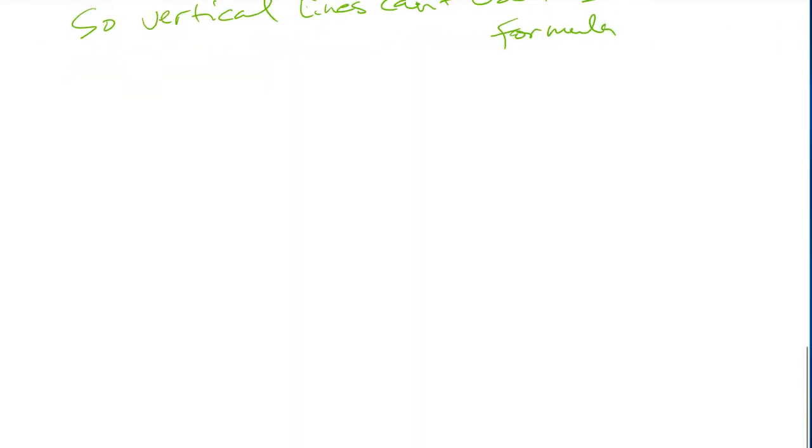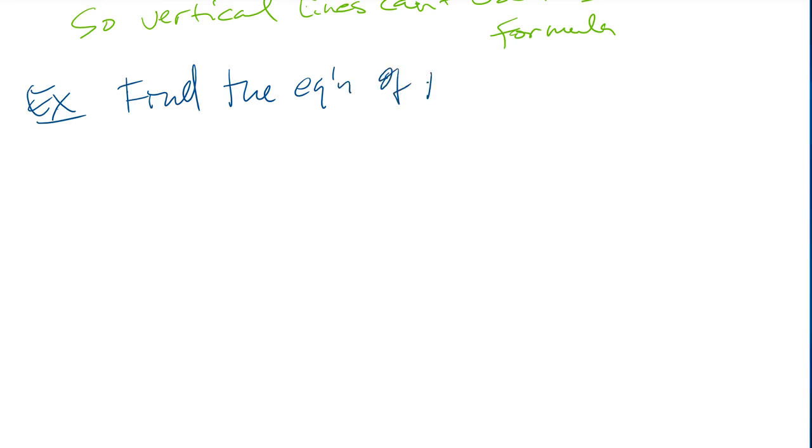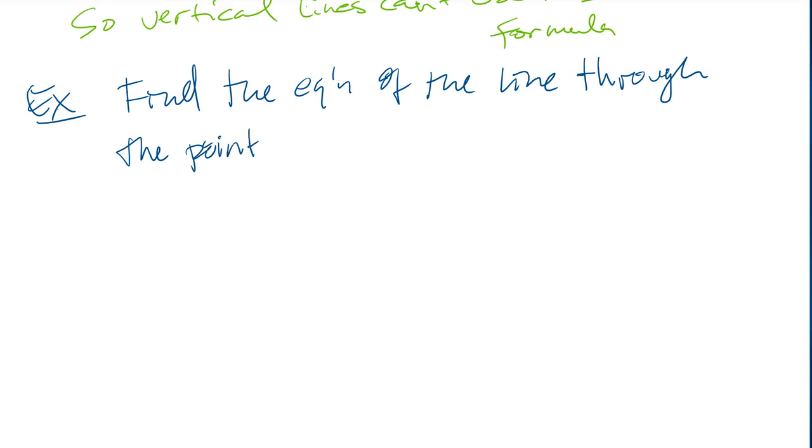Moving right along, let's do a little mini example. It'll say something like: find the equation of the line through, or containing, the point (2, -3) with slope m equals 1/4.